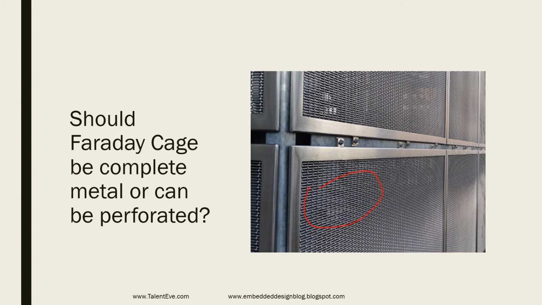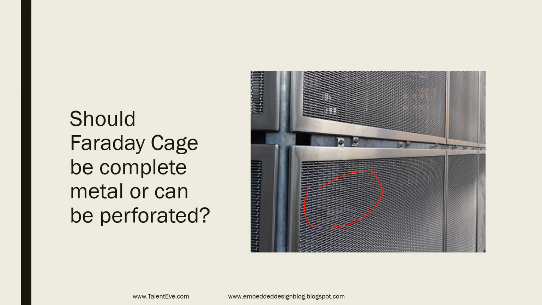So in a general scenario, if you need IP protection, you will have a full enclosure, but if there is no IP need, you can have a perforated cage, which will also save cost to some extent because the usage of metal would be less.